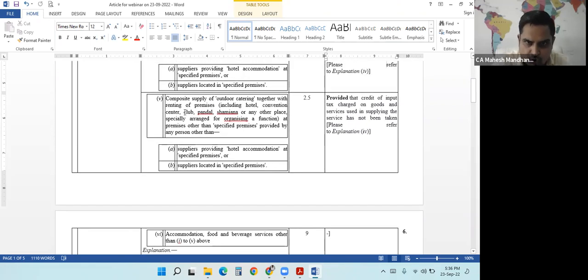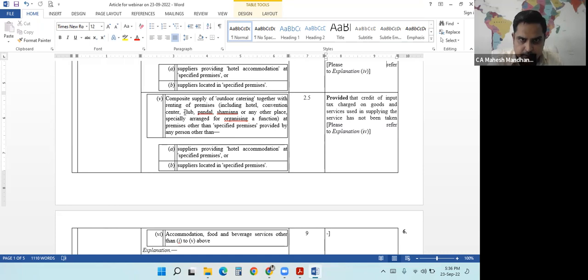And besides this, outdoor catering plus renting of premises. A very good example: whenever we go into a hotel, for example, we book a particular hotel and we have also booked a banquet hall of that hotel, and we have entered into a contract with the hotel for banquet hall plus supply of food, that is, catering by the same hotel, and we are using the banquet hall of the same hotel.